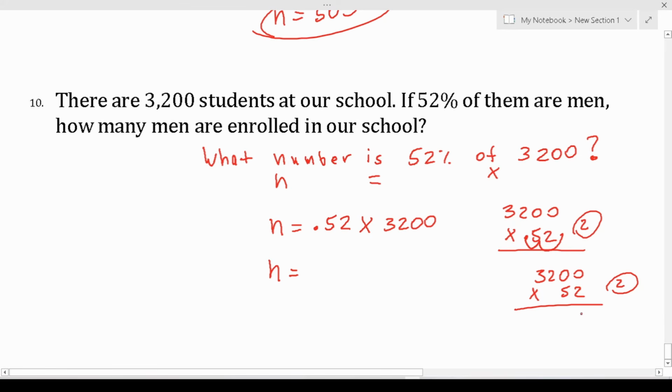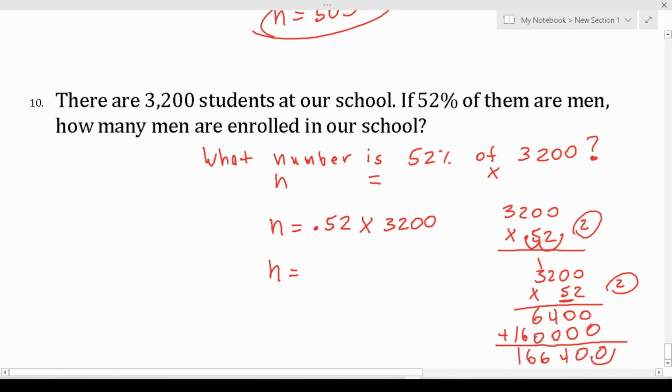0 times 2 is 0, 0 times 2 is 0, 2 times 2 is 4, 3 times 2 is 6. Add a 0 before we start multiplication with this 5. 5 times 0 is 0, 5 times 0 is 0. 5 times 2 is 10, carry your 1. 3 times 5 is 15, plus 1 is 16. Let's add this up. 0 plus 0 is 0, 0 plus 0 is 0. 4 plus 0 is 4, 6 plus 0 is 6, nothing plus 6 is 6, and nothing plus 1 is 1.